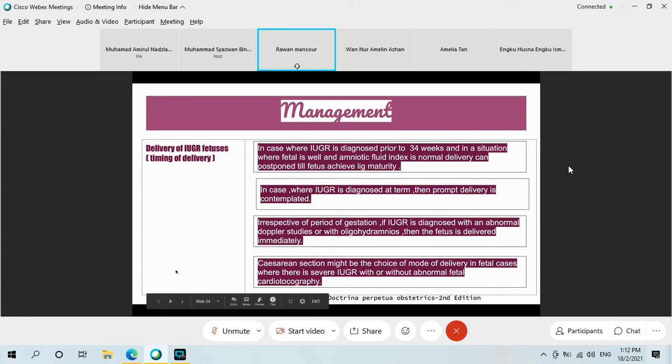For delivering an IUGR fetus, in case of IUGR diagnosis before week 34 where the fetus is well and the Doppler index is normal, postpone delivery until lung maturity of the fetus is achieved. And in case of IUGR diagnosis at term, delivery is contemplated.